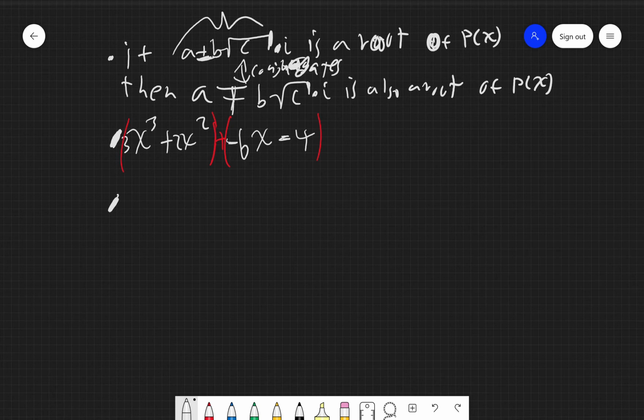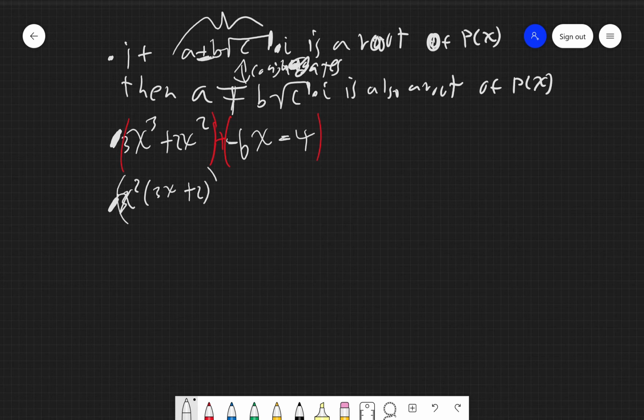Alright, cool. So now if you factor each part individually, now this will not always work out, but in most cases it's really easy to notice, and in most cases it will work out in elementary contests. So if we factor out an x squared from the first one, we get x squared times 3x plus 2.